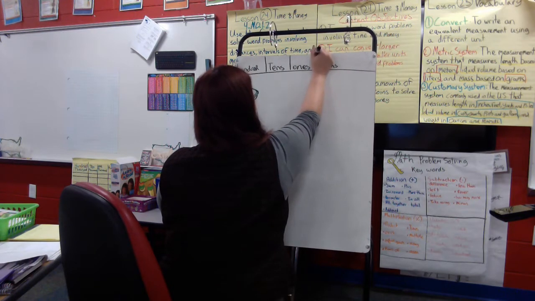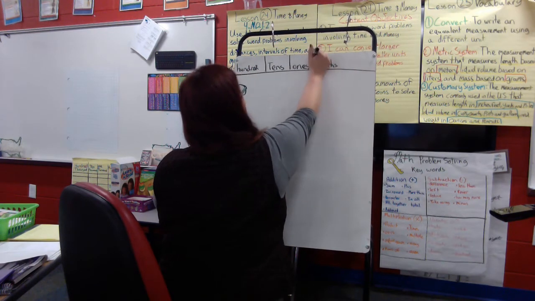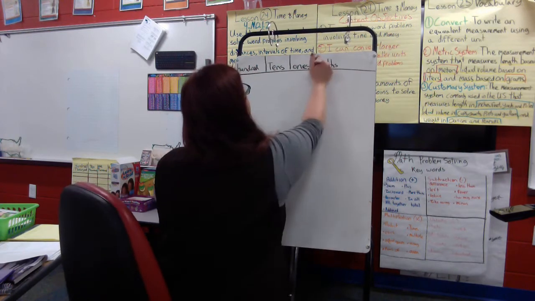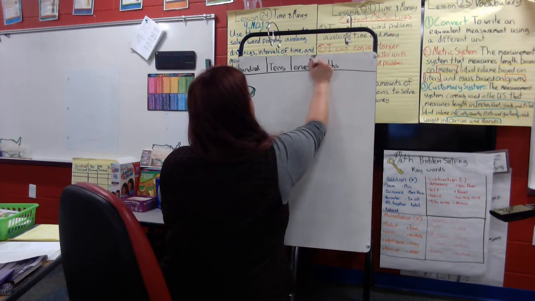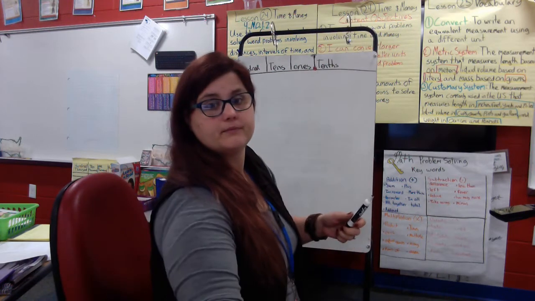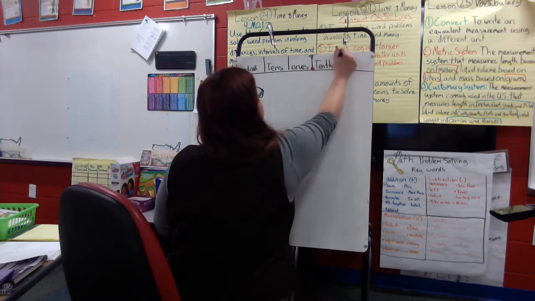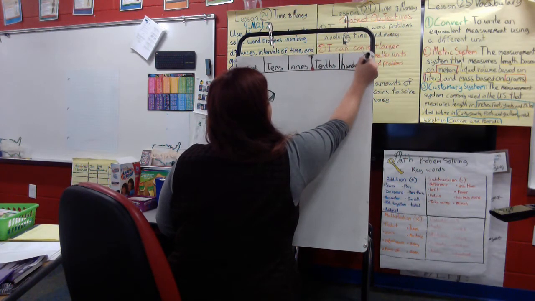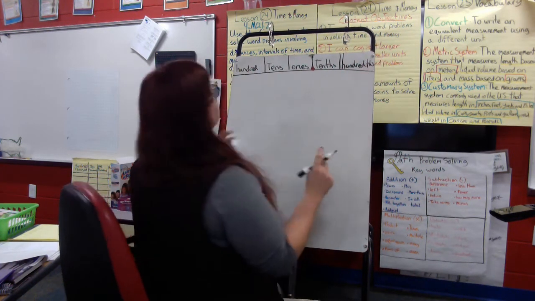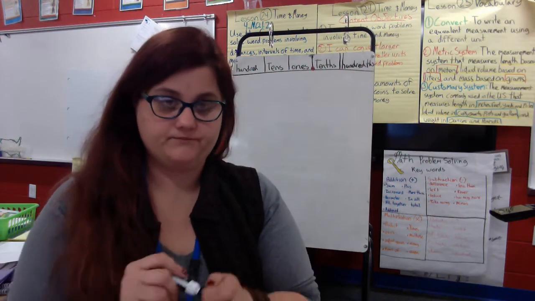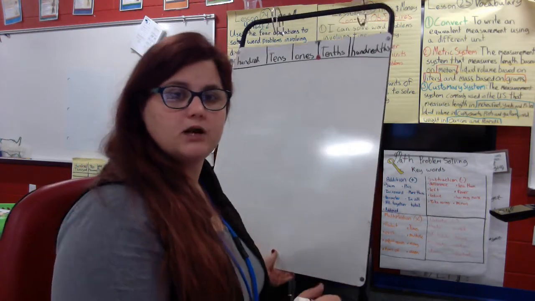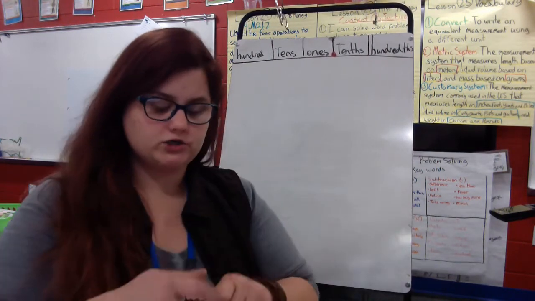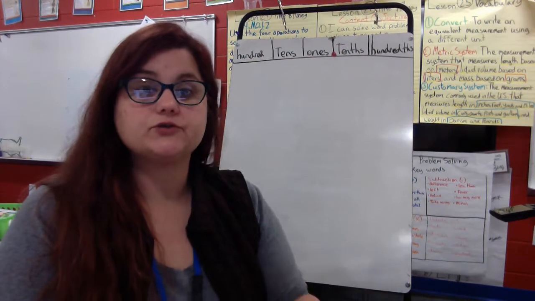We're going to put a red dot to show you where the decimal falls. There we go. Tenths and hundredths. You should also have this chart in your math journal too.